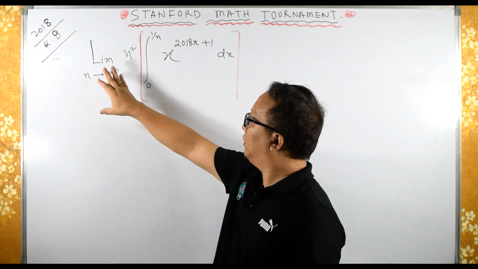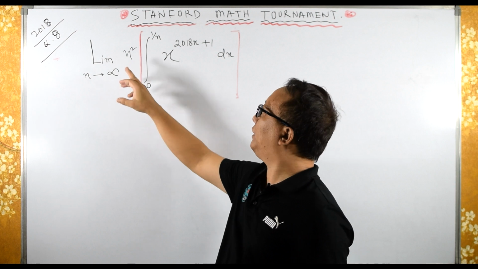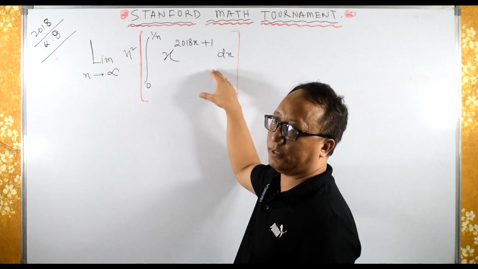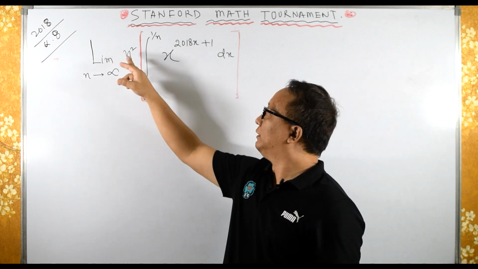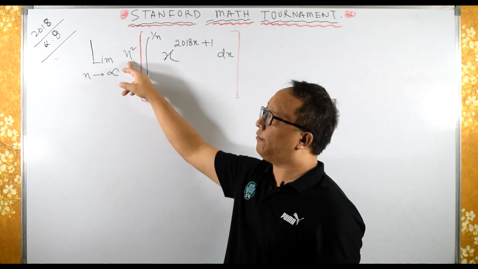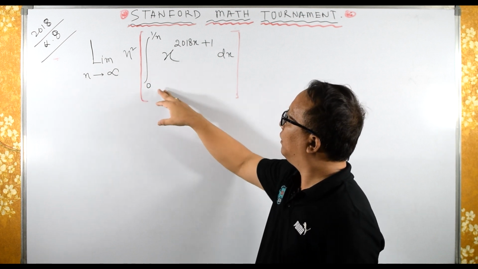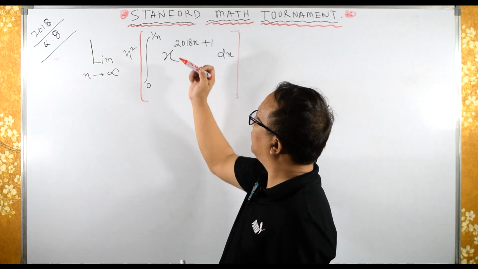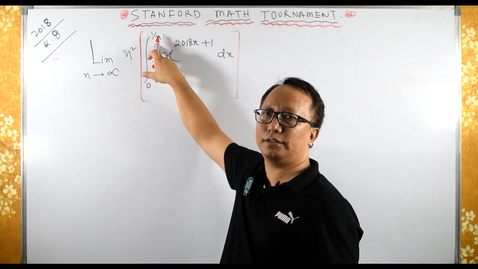Welcome back. We have this question: limit as n tends to infinity, we have n square and we have an integral over here. Now when n tends to infinity, this n square becomes what? This tends to infinity. How about this term? When n tends to infinity, this 1 by n also becomes what? 0.